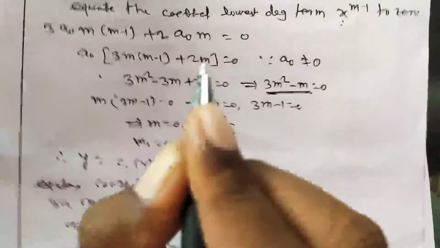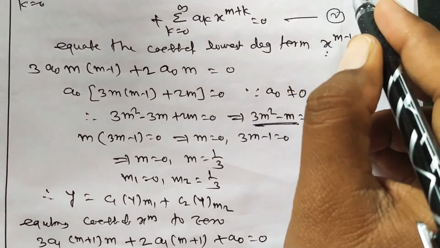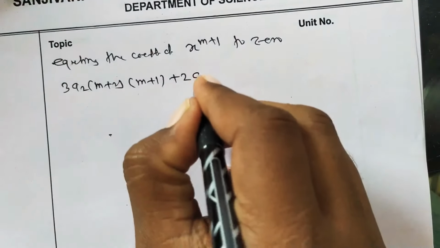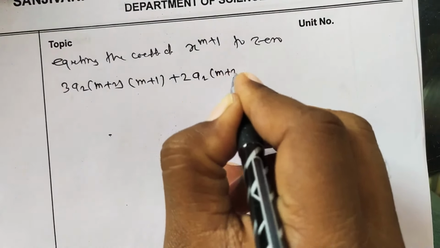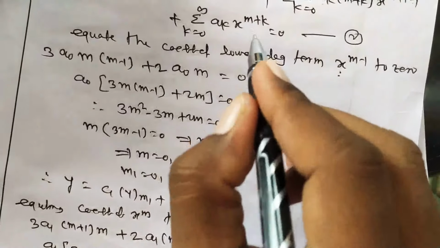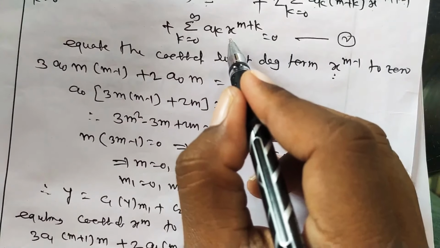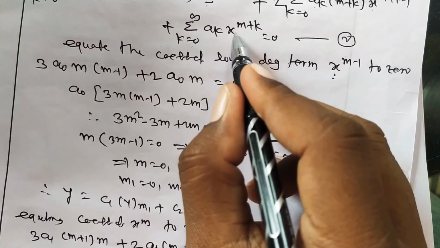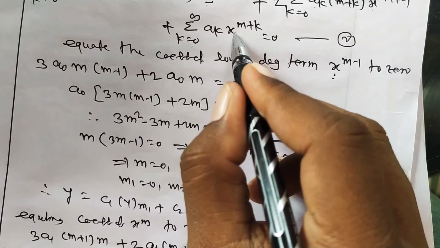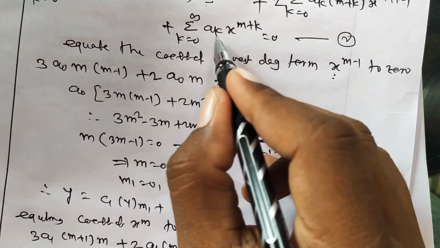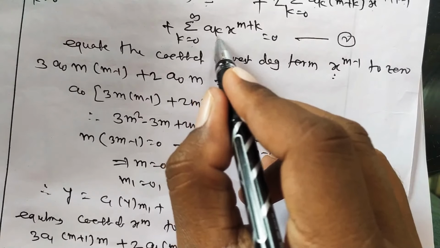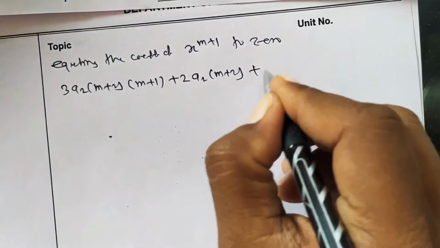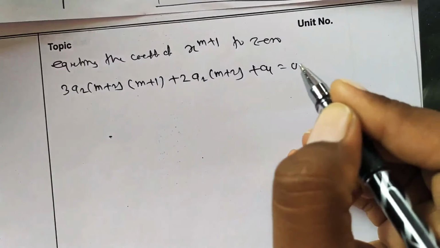Same in the second series, plus 2 times, expanding for k equal to 2, 2a2 (m plus 2). In the third series we want the coefficient of x raised to m plus 1, so we put k equal to 1, and we get x to the power m plus 1, so plus a1, which is the coefficient of x raised to m plus 1, so plus a1 equal to 0.